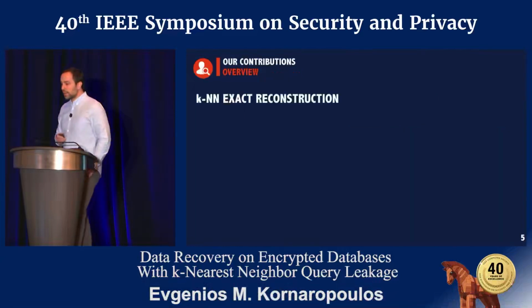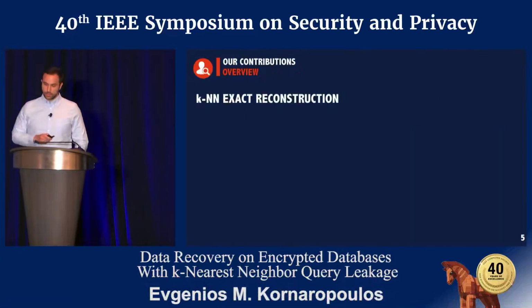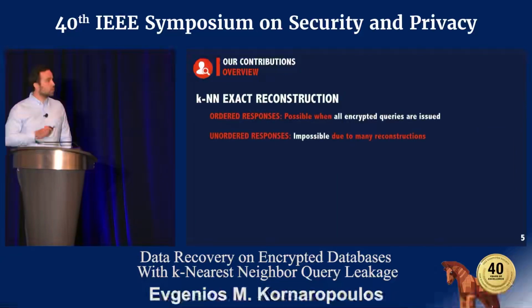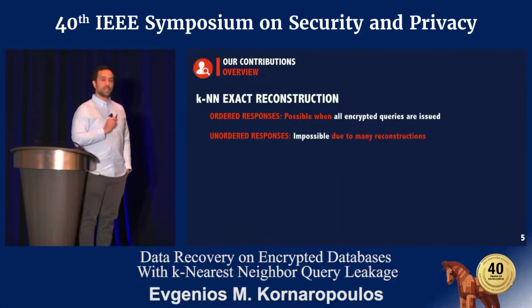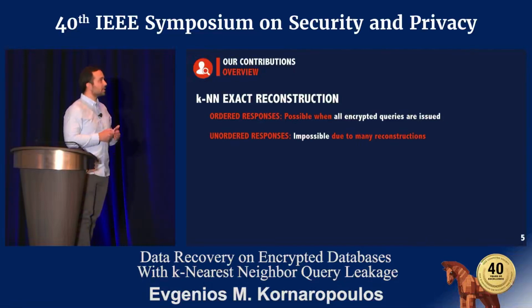And in our paper, we focus on two adversarial goals. The first one is called exact reconstruction, where the adversary, using this access pattern leakage, tries to infer the underlying plain text values of the encrypted database. And we study two setups.